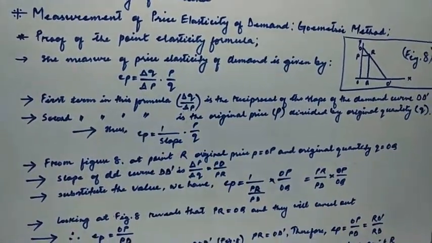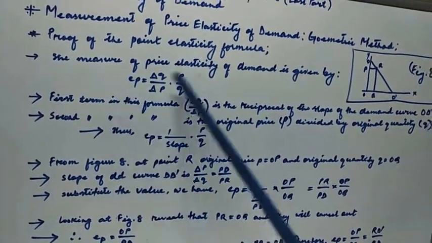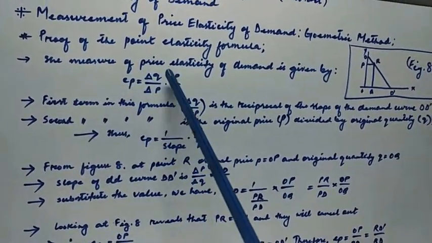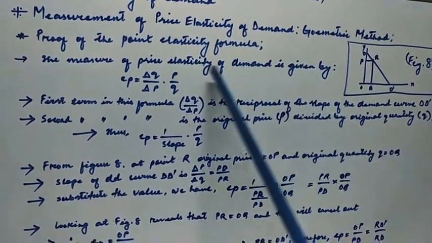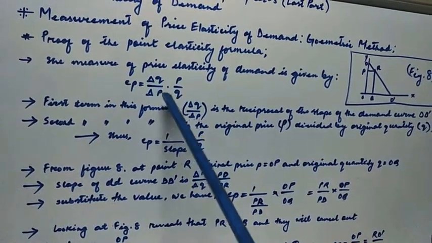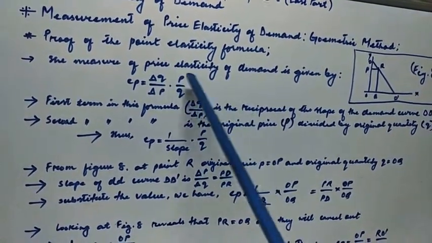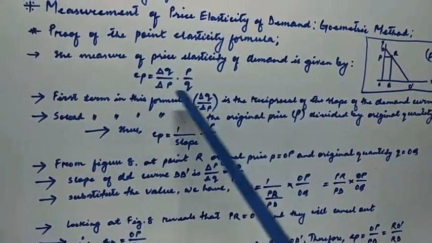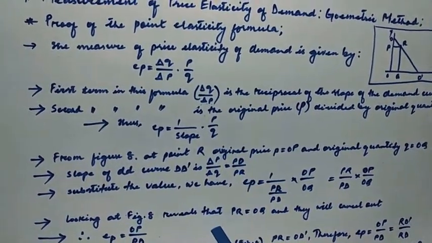How do we start the proof? In the previous class we discussed that the measure of price elasticity of demand is given by change in quantity divided by change in price, into original price divided by original quantity. That is the formula for price elasticity of demand.